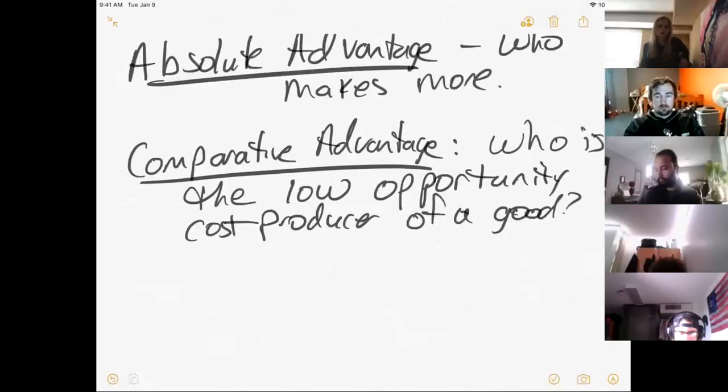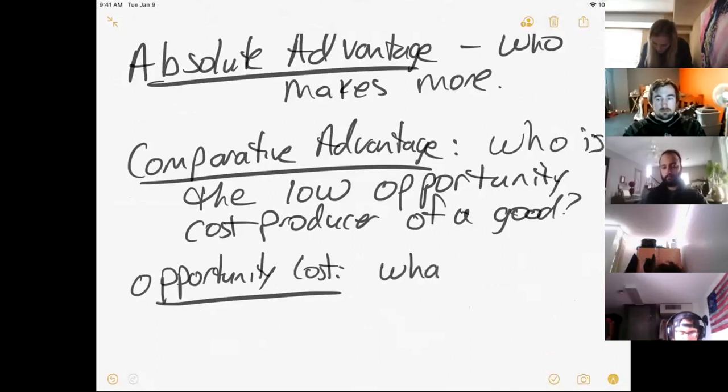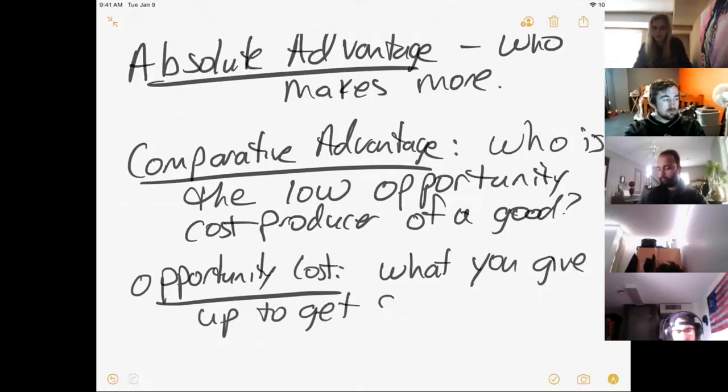What do we mean by opportunity cost? Opportunity cost is just what you give up to get something. Okay. Opportunity cost is what you give up to get something.